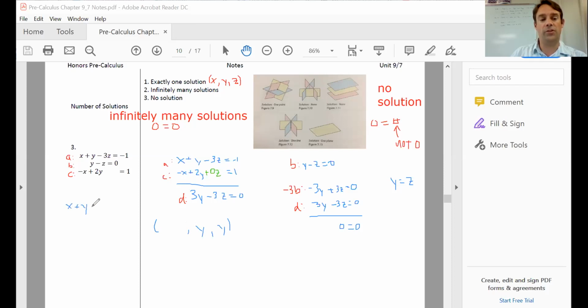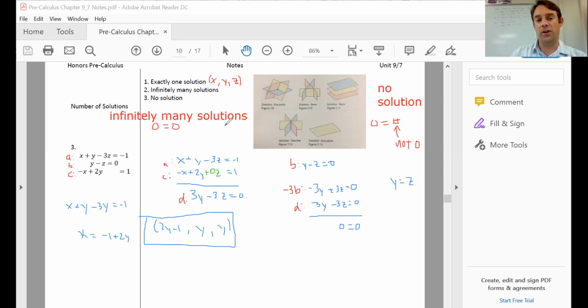We're not going to ask you guys to do that, okay? And you'd end up with x is equal to negative 1 plus 2y. Again, we're not going to ask you to put everything in terms of one variable. You'll see some places where they'll do that.